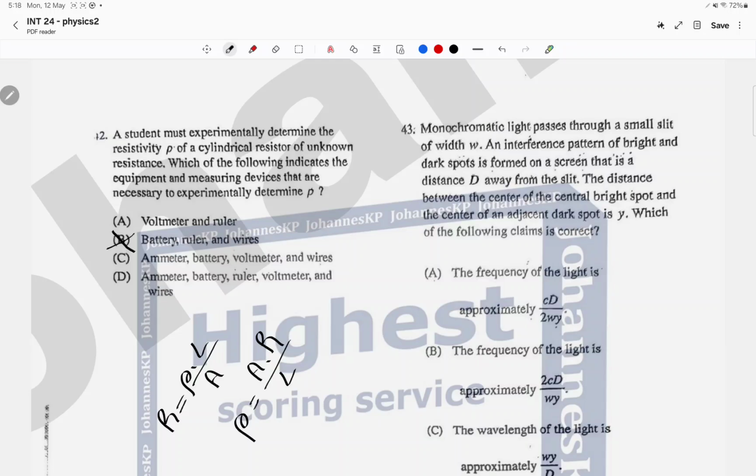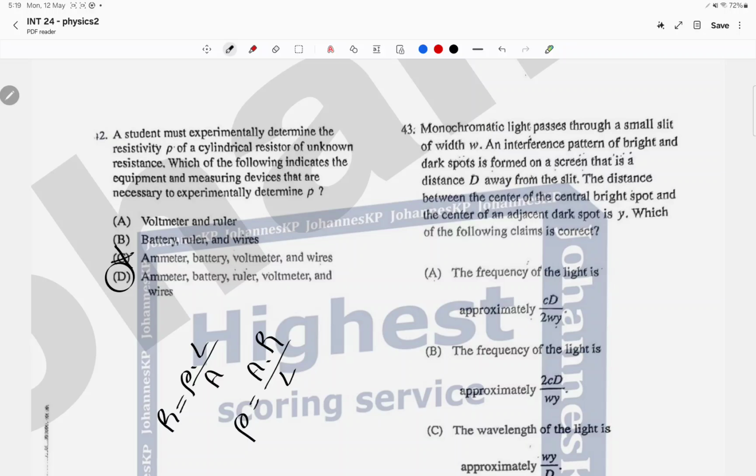So it's not B. It's not C. Okay, how would you measure the R? By measuring the current and the voltage, right? So ammeter. So V is equal to IR. You must have an ammeter and voltmeter, right? And of course, who's going to give you the voltage? The battery. You must have wires. Choice D. Very easy.